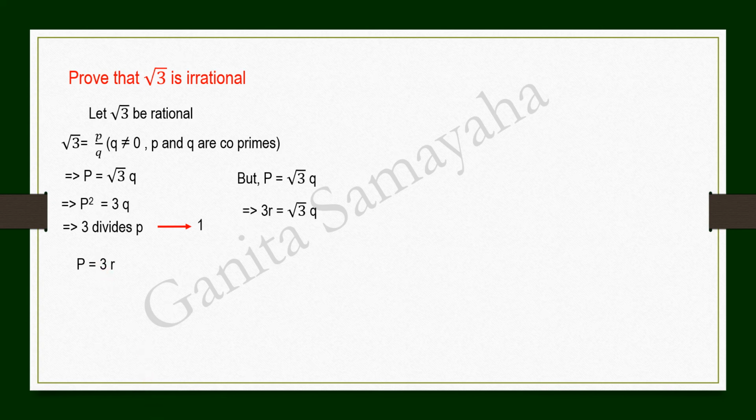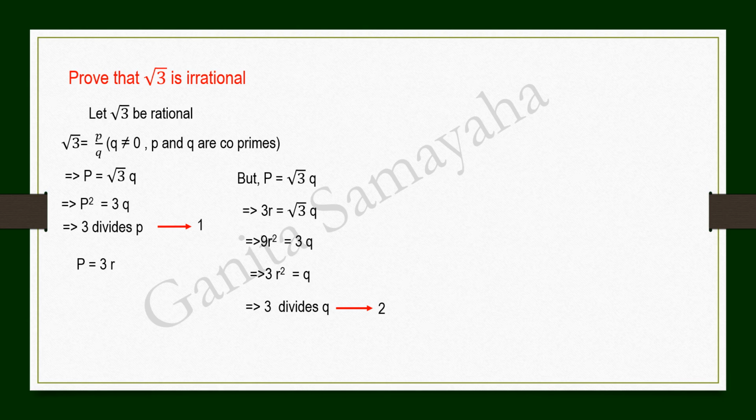So, 3R is equal to root 3 into Q. On squaring, we have 9R squared is equal to 3Q. And on simplification, we have 3R squared is equal to Q, which means that 3 divides Q. Let us call this as statement 2.